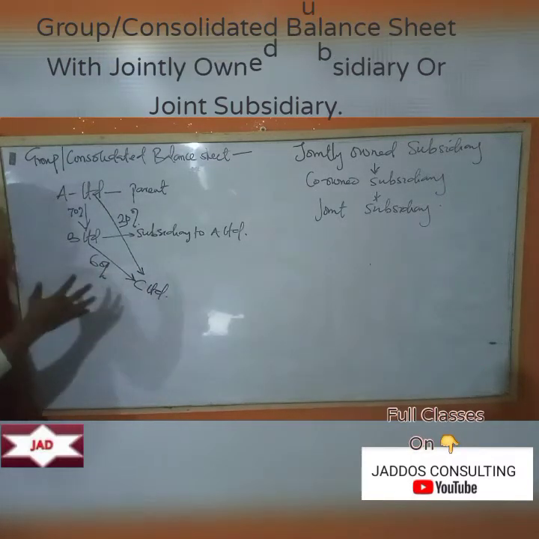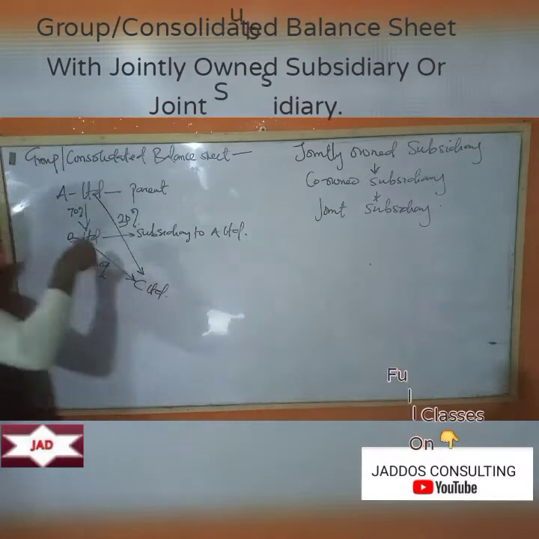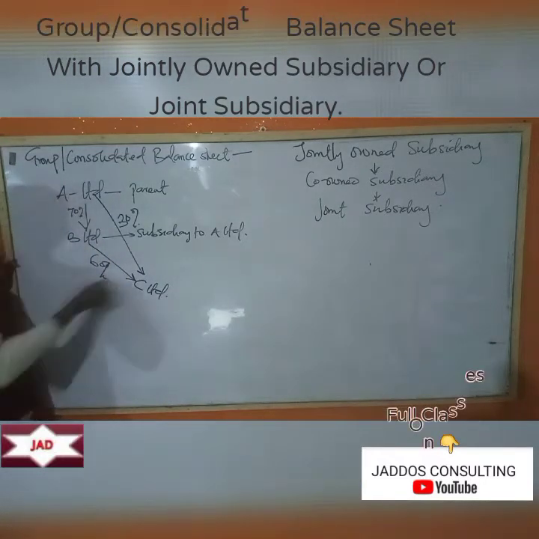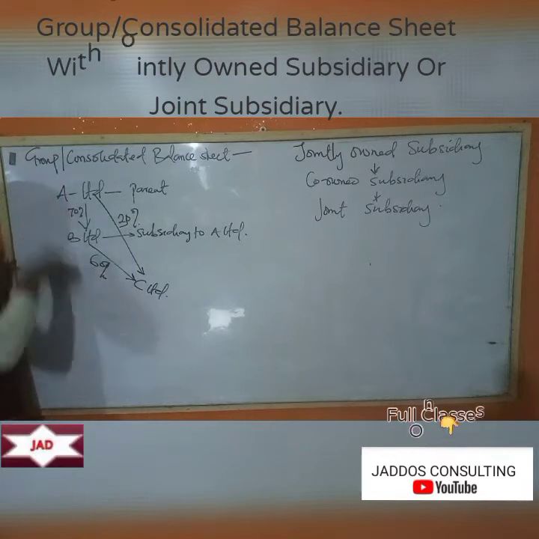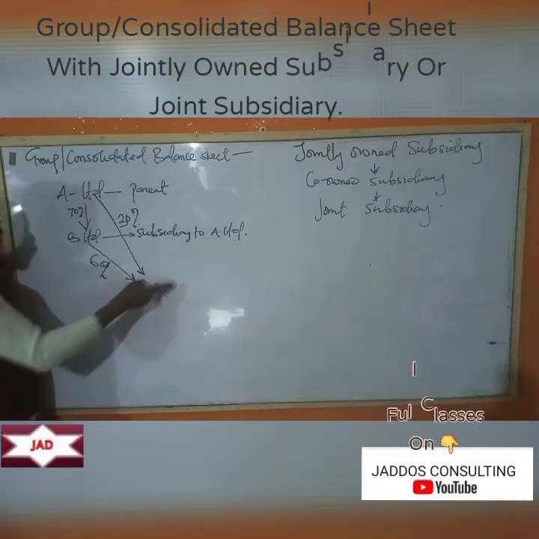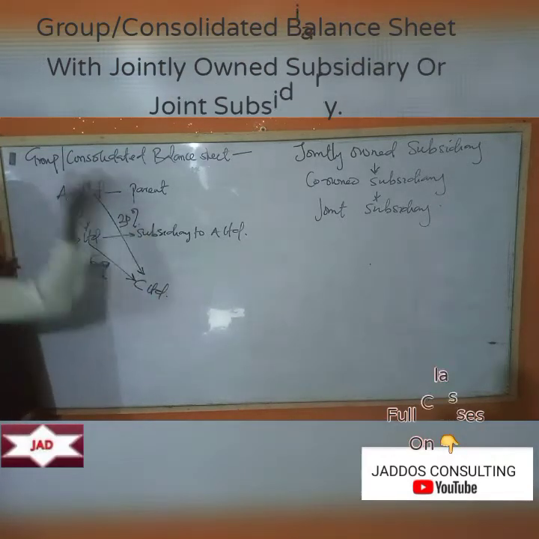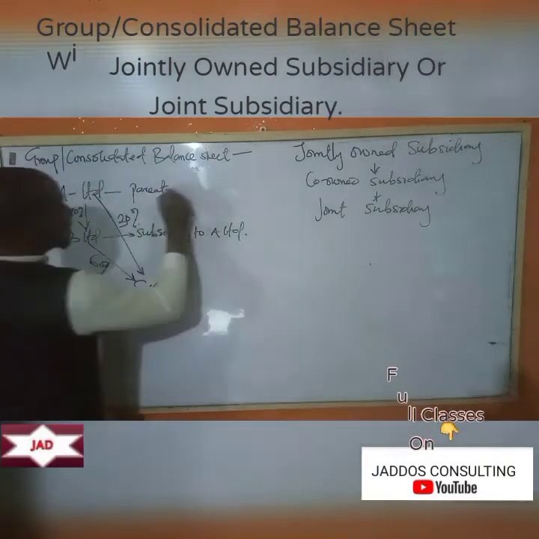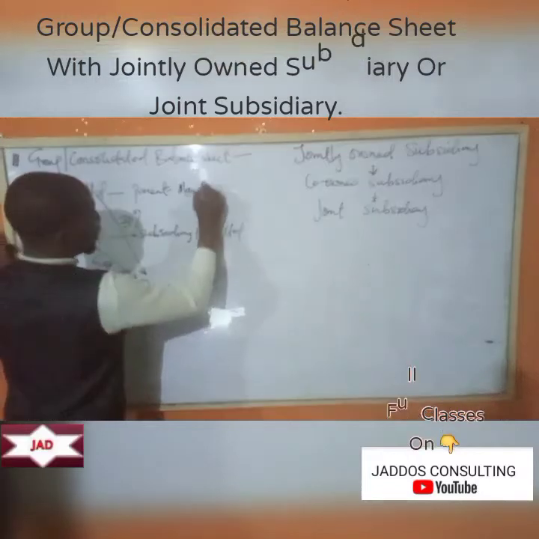But when you try to combine the structure of the holdings of A and then the indirect holdings in C, it will make C a subsidiary of the group, of which A is the main parent.